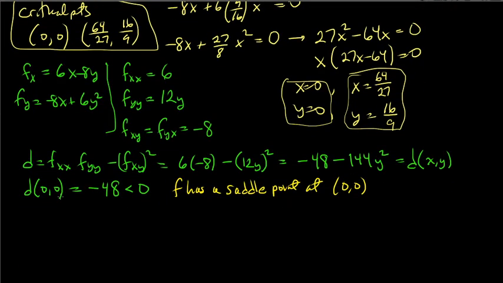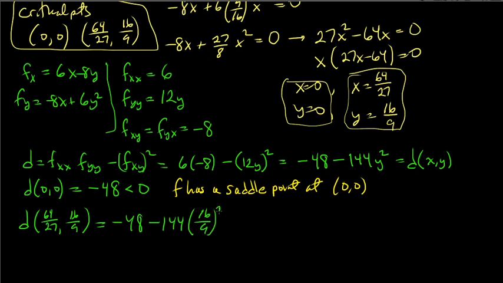Okay, so now let's look at the other critical point. The other critical point was this awful (64/27, 16/9). So let's see what happens when we plug those in. We still get negative 48, but now we get minus 144 times y, which is 16/9, squared.